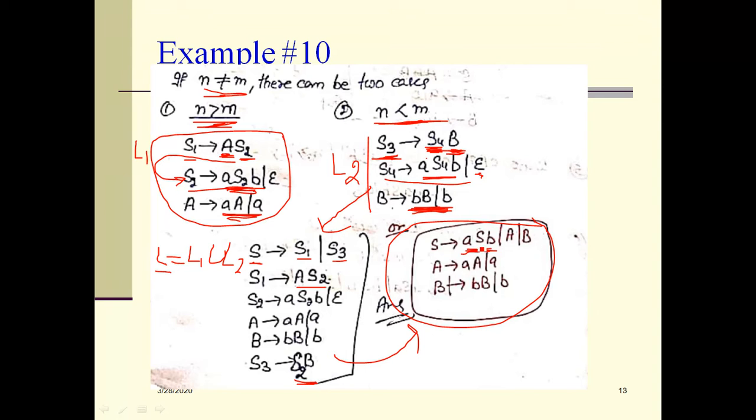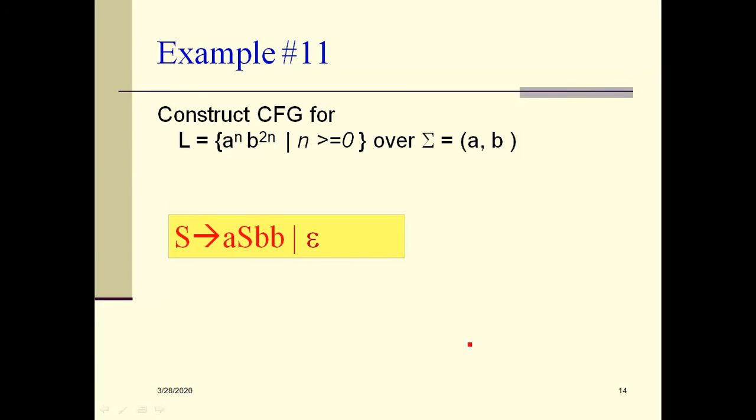But this S will either terminate in capital A or capital B. If you terminate it with capital A, then you have more A's. If you have B, then you have more B's. So these two solutions are equivalent, right? Okay, so let's move to the next problem.